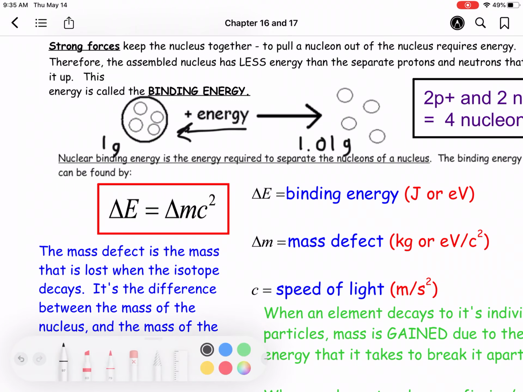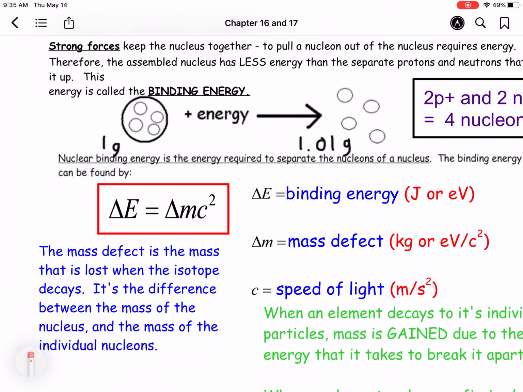Sorry, I've got these backwards. When you are separating something or combining something, there's a difference in mass, and that difference in mass is contributed to what's considered binding energy. So things don't weigh exactly the same.